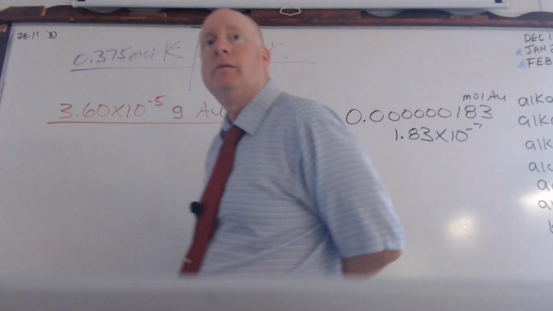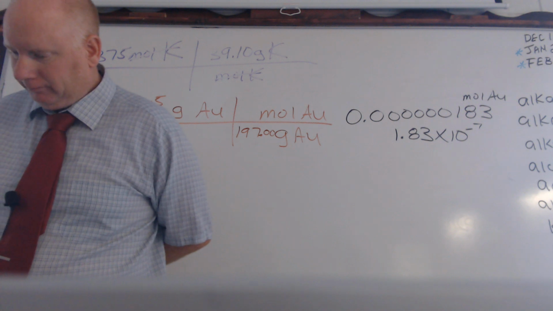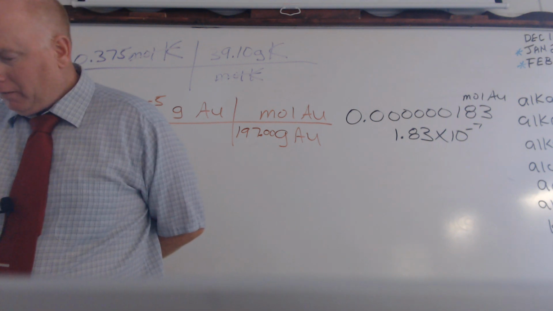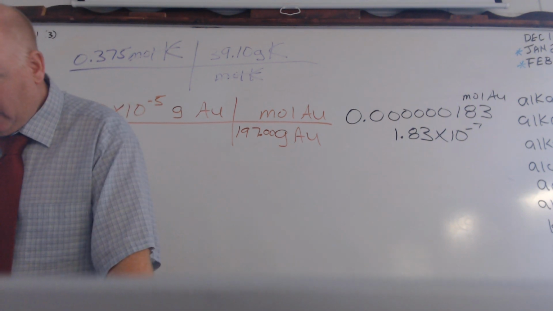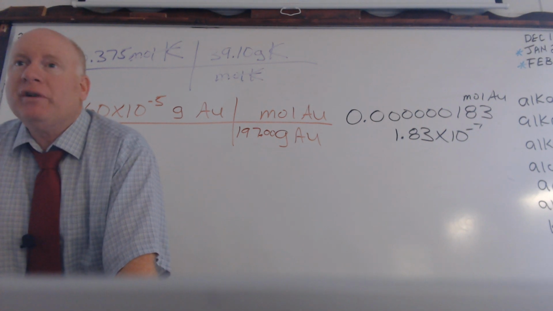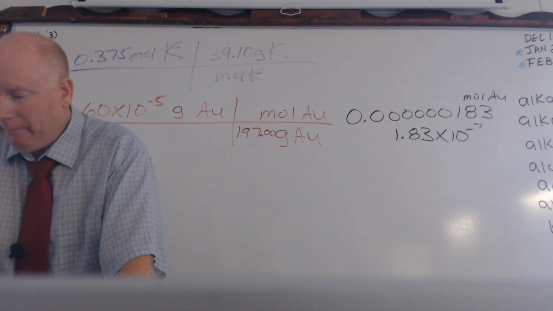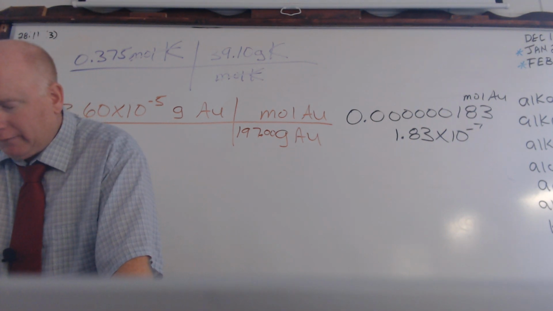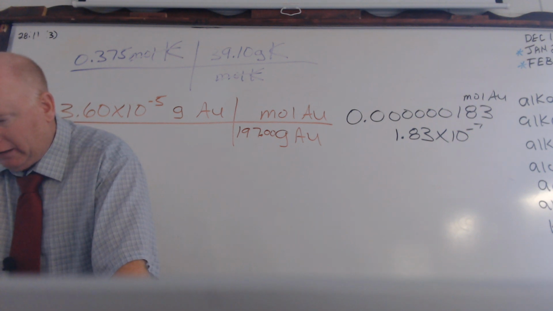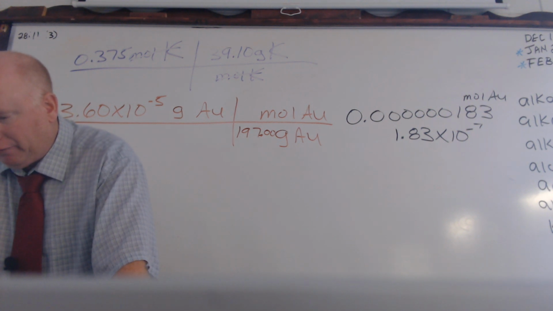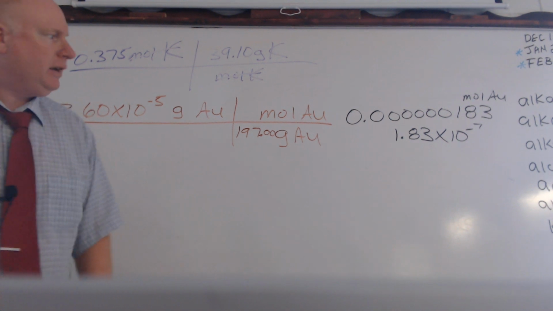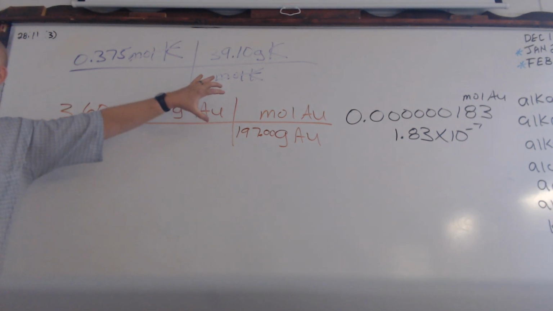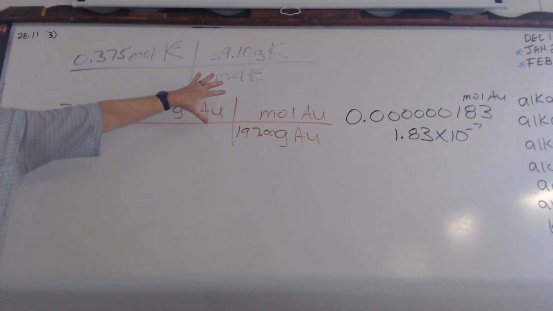So then how do we do number 3 in the bottom? Number 3 is actually a little simpler. The question was, for number 3, how many moles of zinc are in 0.535 grams of zinc?